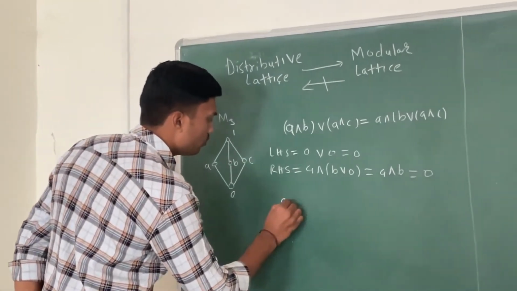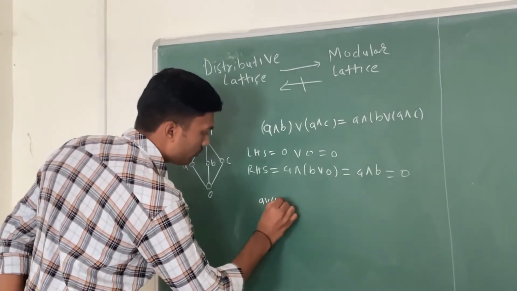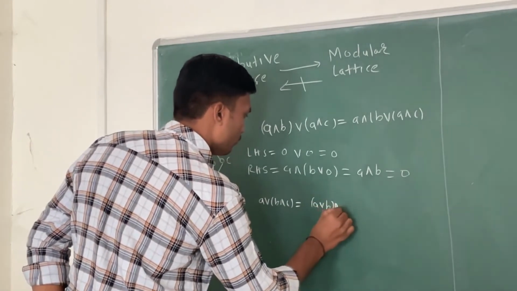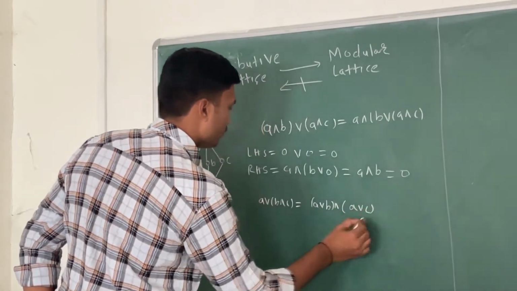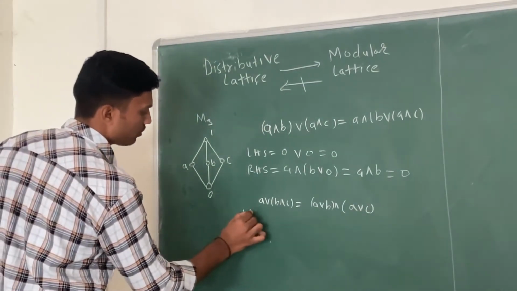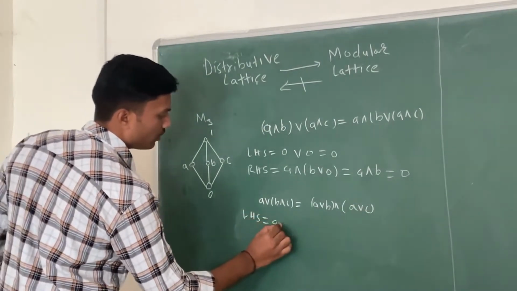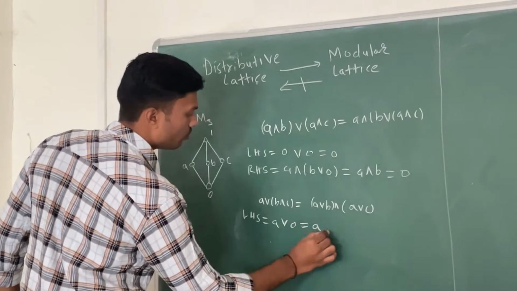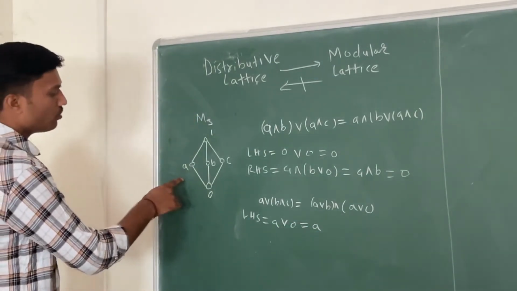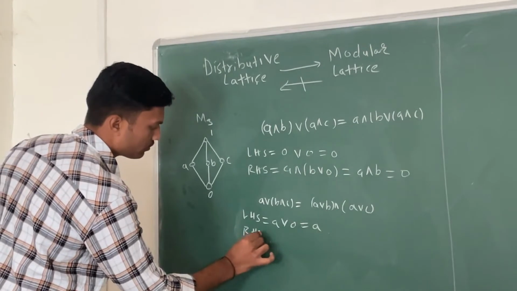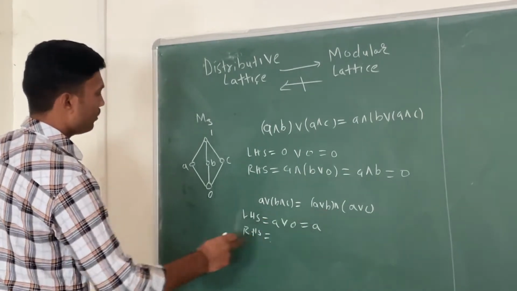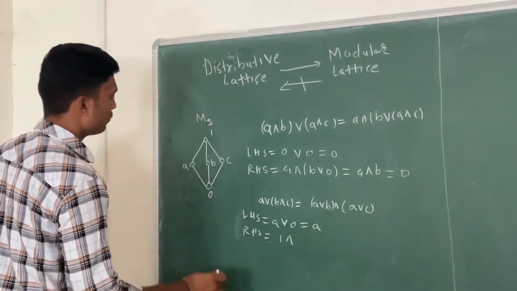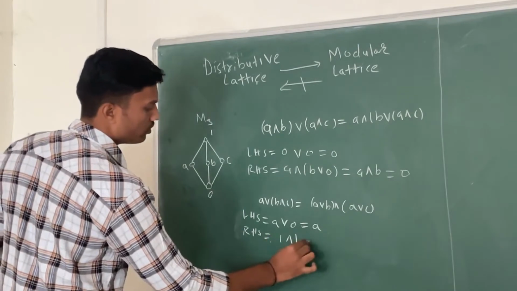The distributive law is A join B meet C is equal to A join B meet with A join C. LHS of this: B meet C is 0, so it is A join 0, which is equal to A. And RHS: A join B is equal to 1, meet with A join C, which is 1, so it is 1.